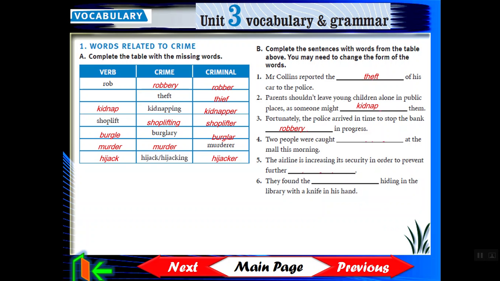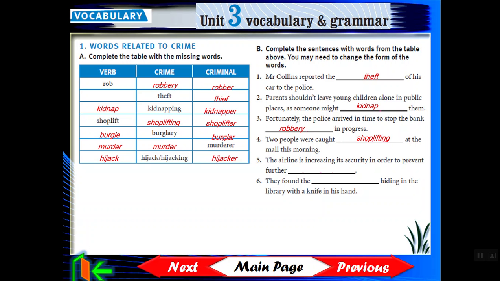The 2 people were caught at the mall this morning. Mall, usually it is crowded. So you know what there is in a mall? There are some shops. So you go for shoplifting. Number 5, the airline is increasing its security in order to prevent further. So airline means a plane. So usually maybe you hear in the news or you read in the newspaper about hijacking planes.